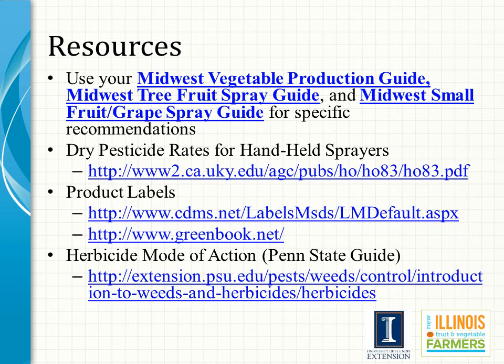And last, we have some resources for you to help you with any weed management challenges you may encounter. First, we have the production guides for vegetable crops, tree fruits, and small fruits and grapes. So links are all there to those guides, and they all have herbicide recommendations in them, giving you further details on herbicides. Also, we have a good handout on dry pesticide rates for handheld sprayers.